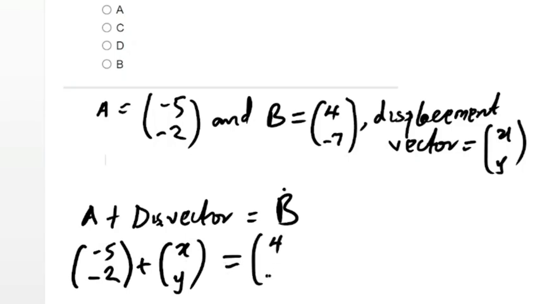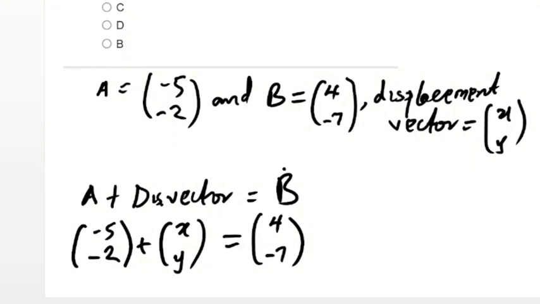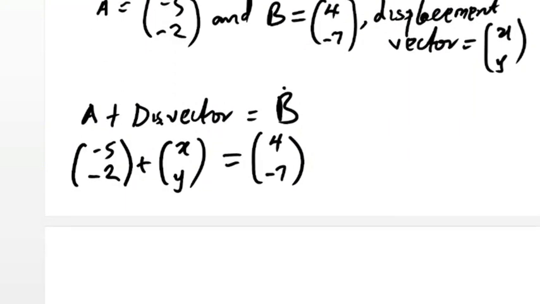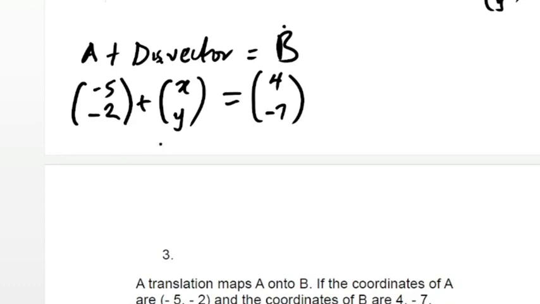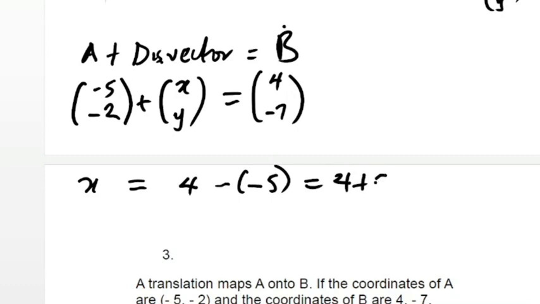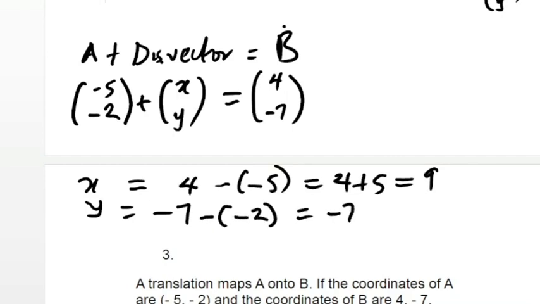That is 4, -7. So we can now simplify this. x equals 4 minus -5, which is 4 plus 5, which equals 9. Then y equals -7 minus -2, which is -7 plus 2, which is -5.